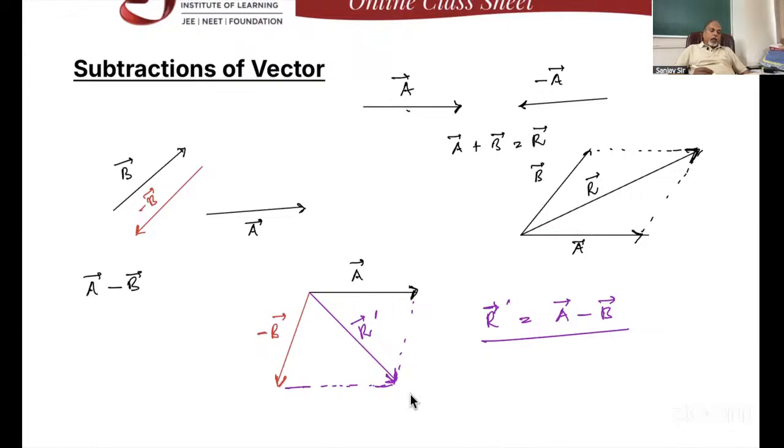Correct. Now, suppose this is making an angle theta and this is making an angle alpha.